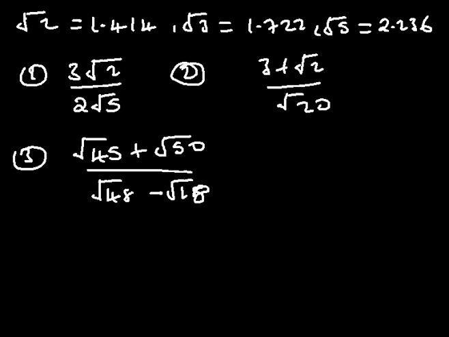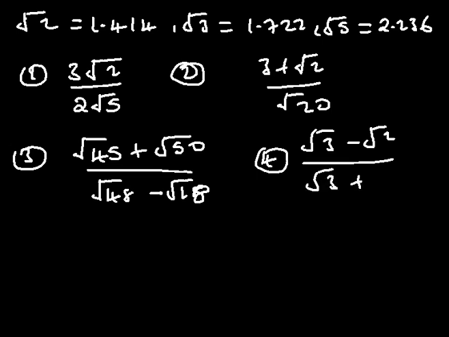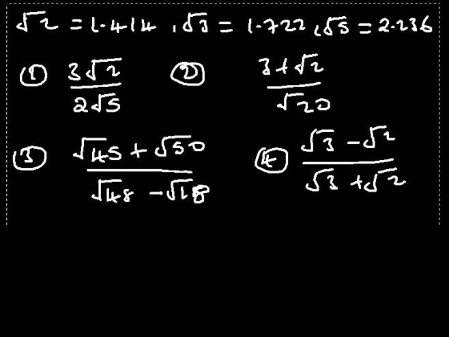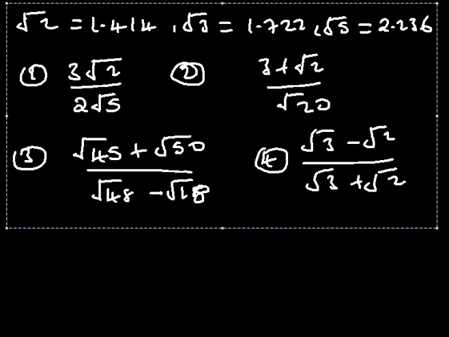So how do you think you can do that? And let's say we also have this other case, the square root of 3 minus the square root of 2, divided by the square root of 3 plus the square root of 2. So how should you do that? In all cases, you should rationalize the denominator, then simplify.